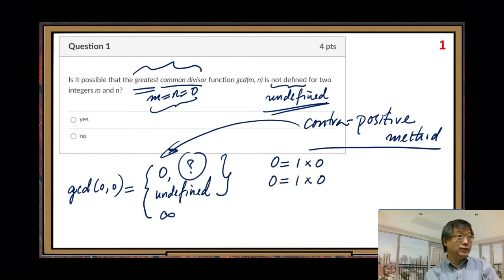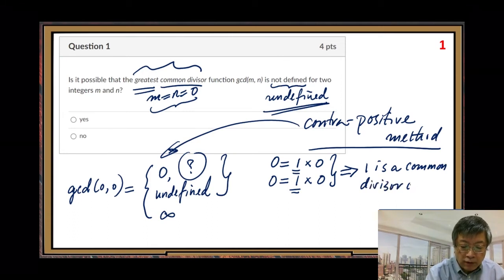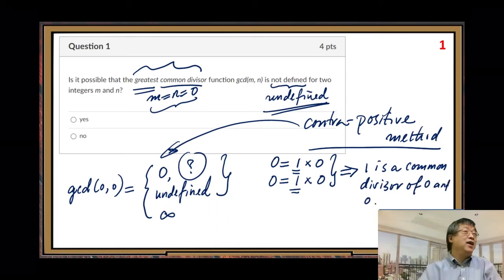Looking at the upper equality and the lower equality, can we say that 1 is a common divisor of 0 and 0? Yes, 1 is a common divisor.